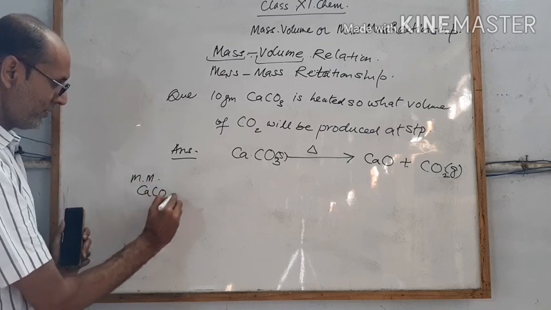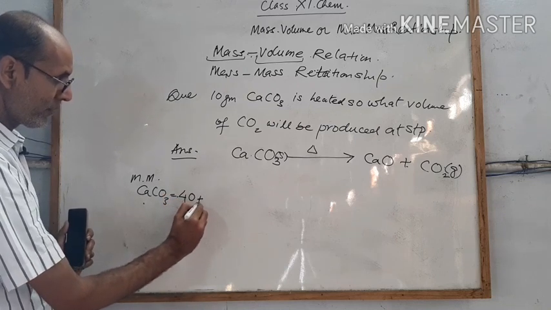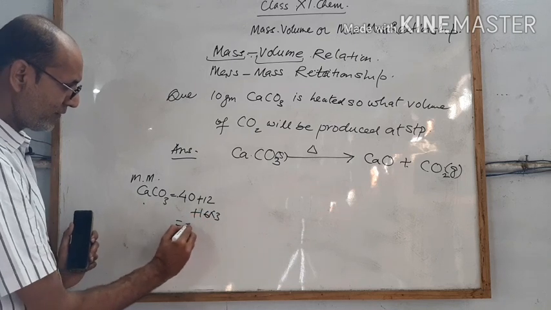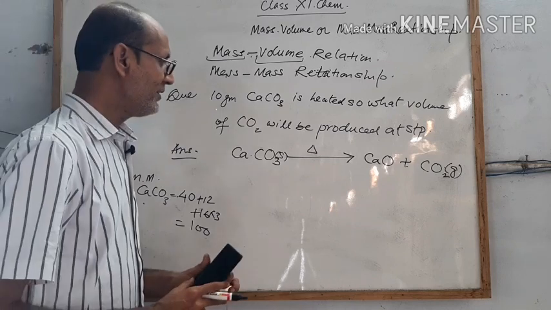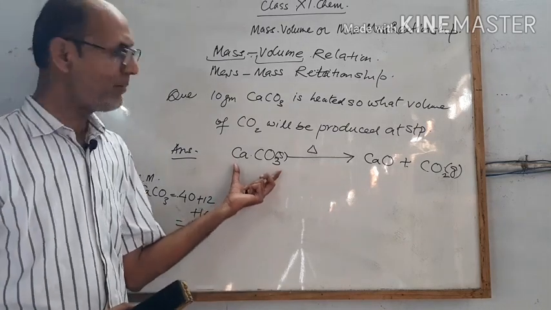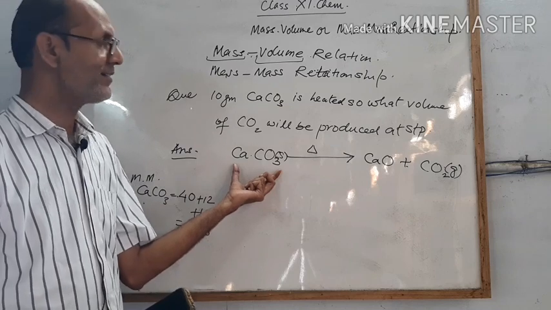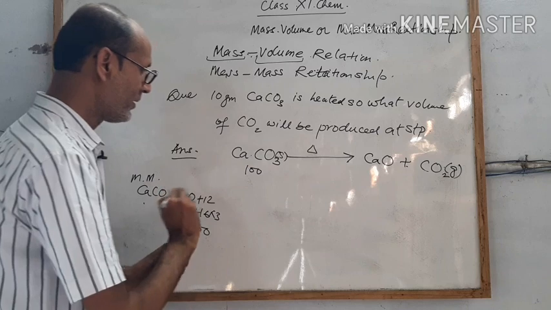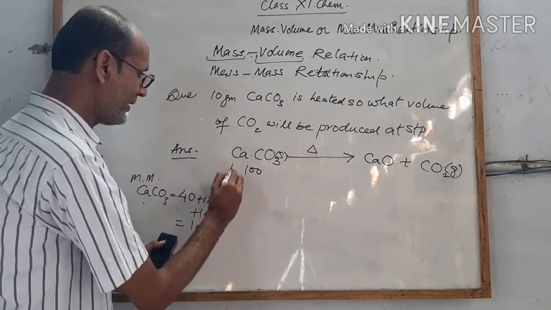CaCO3: Ca 40 plus C 12 plus 16 into 3, that will be 100. There is no number before it, that means 1, so write 1 into 100.